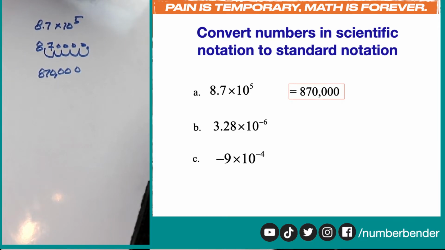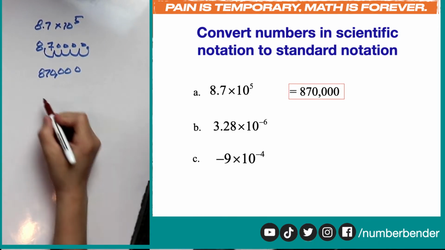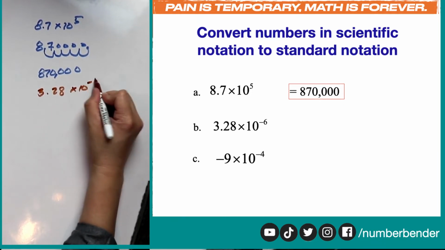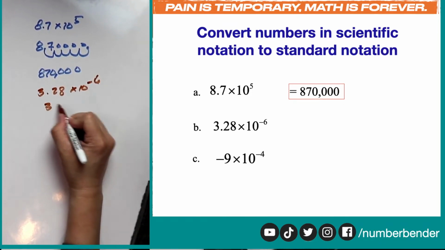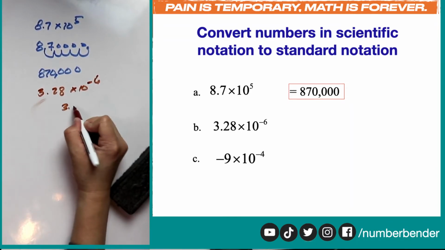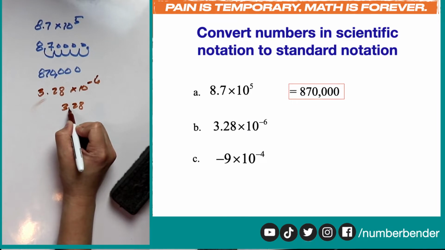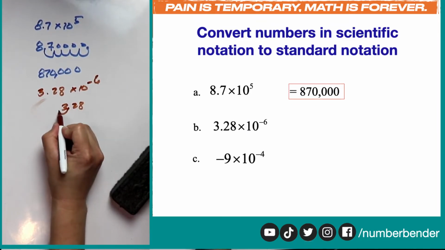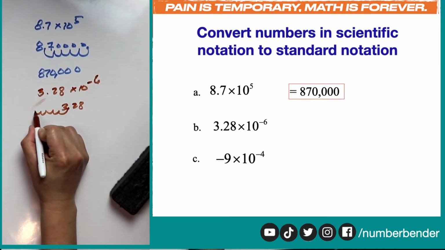And problem number 2, we have a negative exponent, so that means 3.28 times 10 to the negative 6. We are going to move 3.28 in the other direction because this is a small number, negative 6, 1, 2, 3, 4, 5, 6.